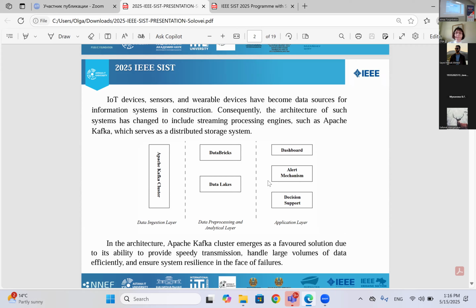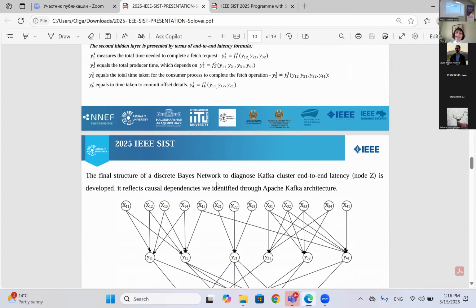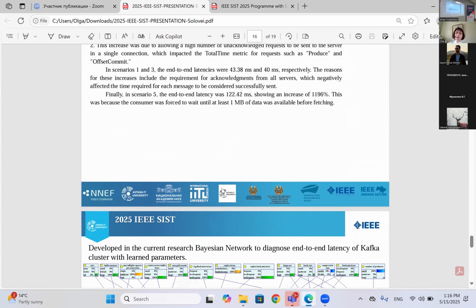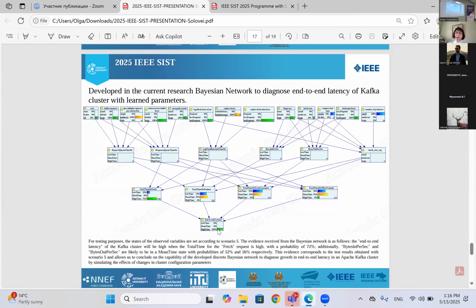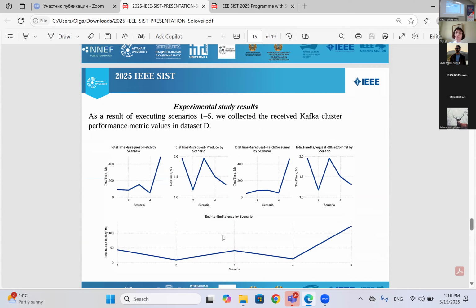Any other questions, please? How would you evaluate the performance of your Bayesian network model? Which metrics did you use or will you be using in the future? In the current work, we compare the prediction of the Bayesian network we developed with the result of end-to-end latency that we actually received during our conducted experiments.